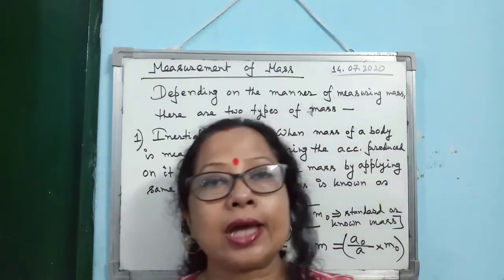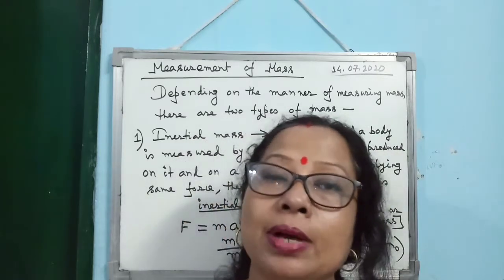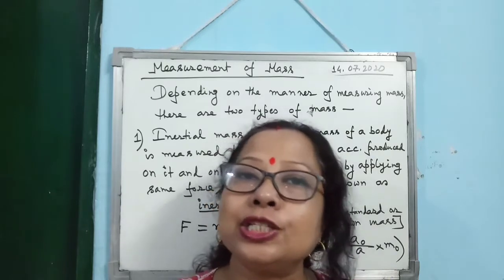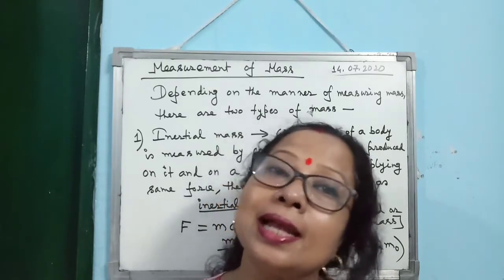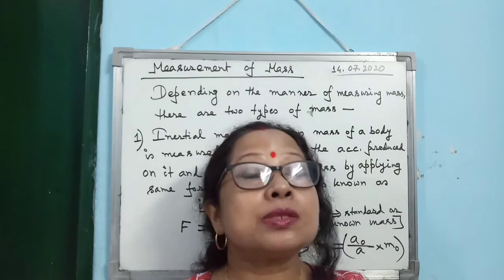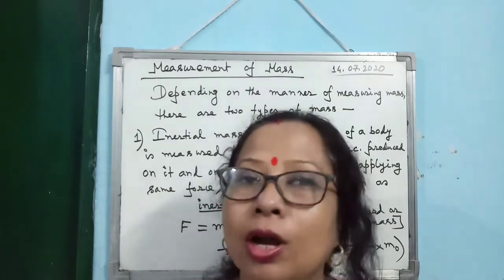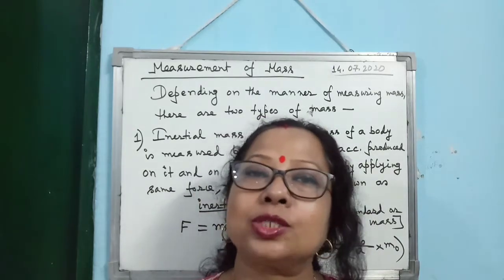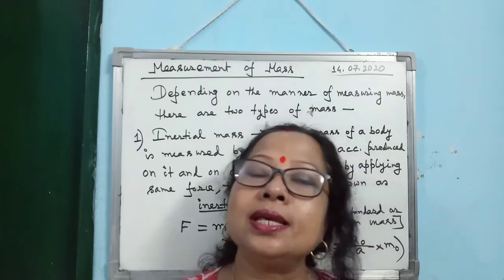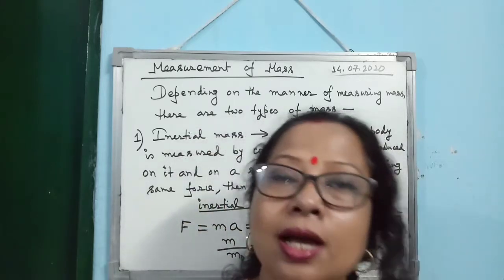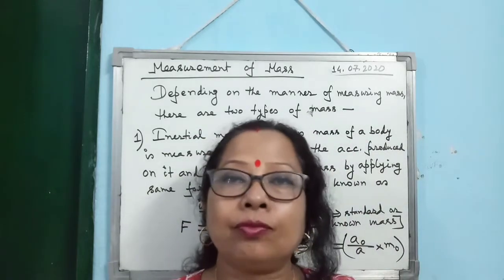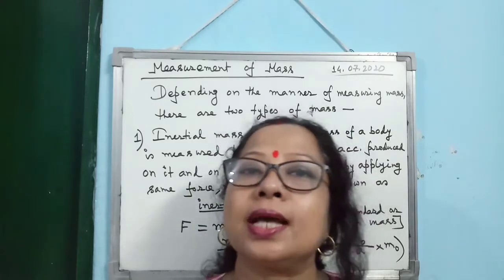First I am discussing inertial mass. Remember that inertial mass and gravitational mass are the same thing; we are just measuring in two different ways. Inertial mass we measure using the concept of inertia. We know that the more the mass, the more the inertia.